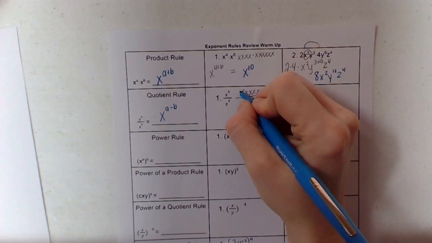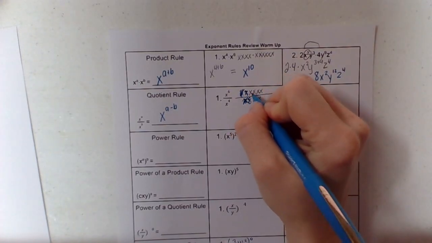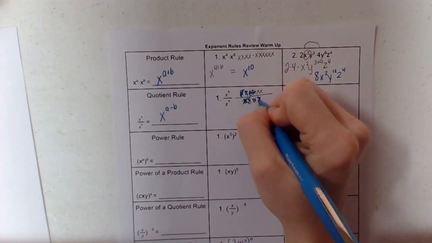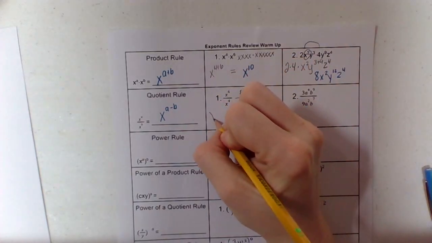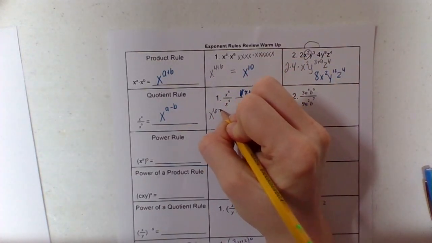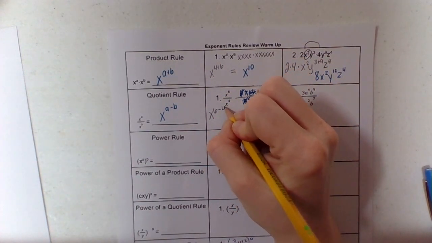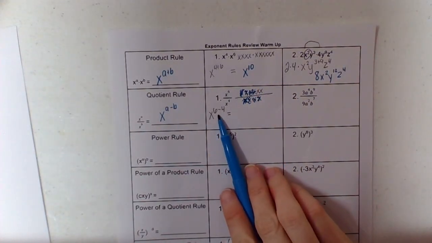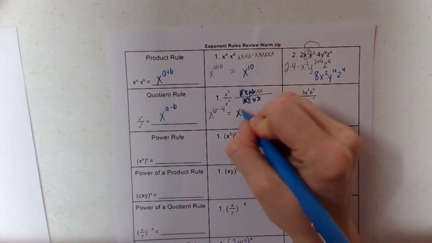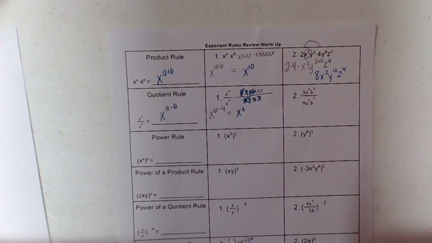So it's like for each one that you have on the top, you can cancel out one on the bottom. So to do this, we're going to have x to the 6 minus 4. So I'm going to cancel out 4 of those x's. It's going to leave me with 2 x's.